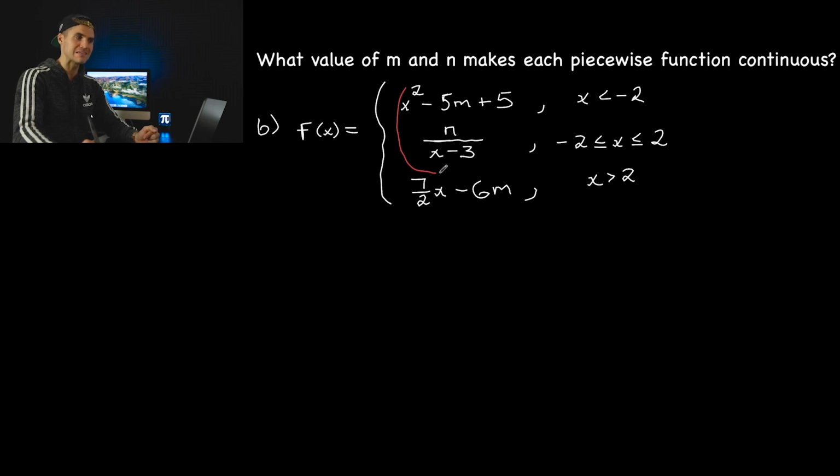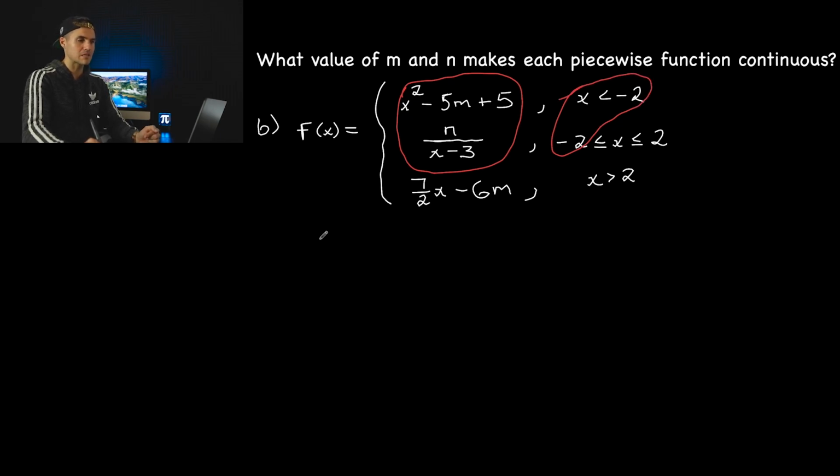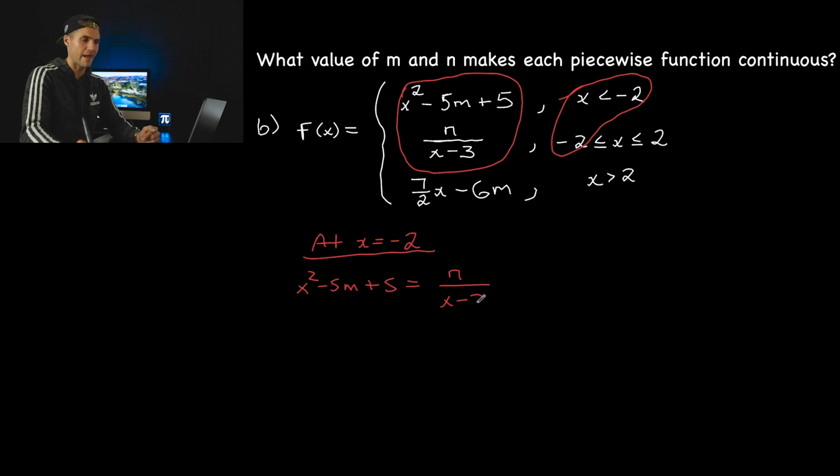So notice that these two pieces over here, they are meeting at this x value of negative 2, right there. Okay, so what that means is at an x value of negative 2, these two pieces have to have the same y values. So basically, x squared minus 5m plus 5 has to equal this function over here, x minus 3.